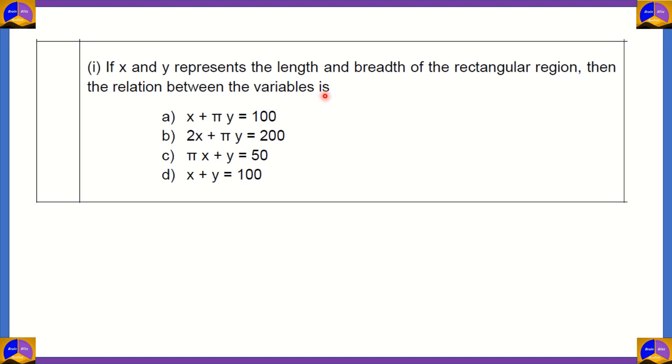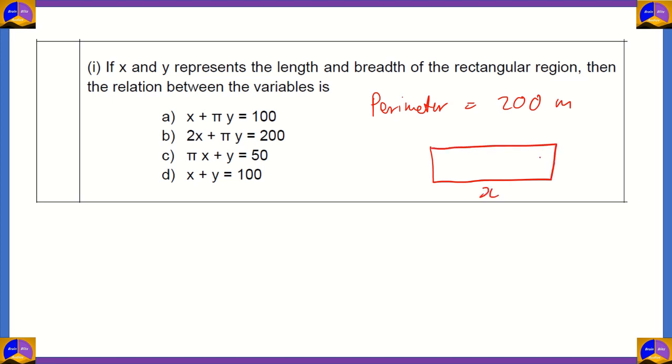So, in this question, the perimeter is given to us as 200 meters. The perimeter of the whole floor is 200 meters, and the floor consists of a rectangle of length x, breadth y, with semicircular ends of radius y by 2.